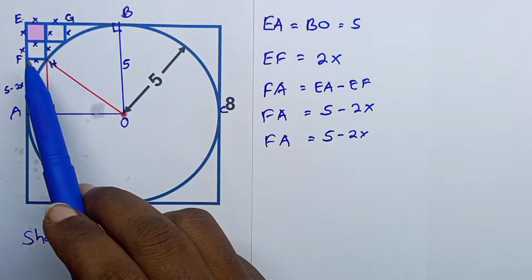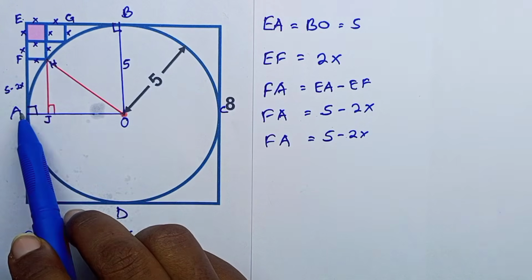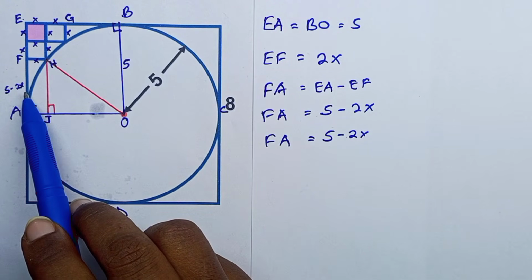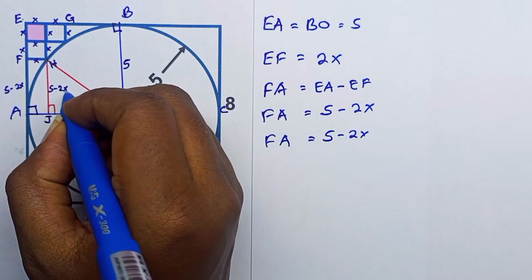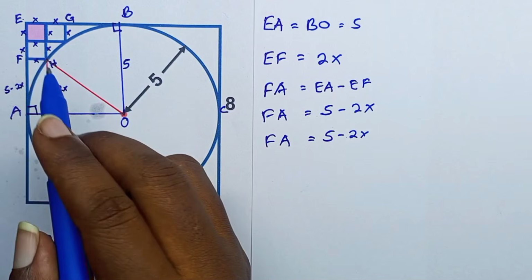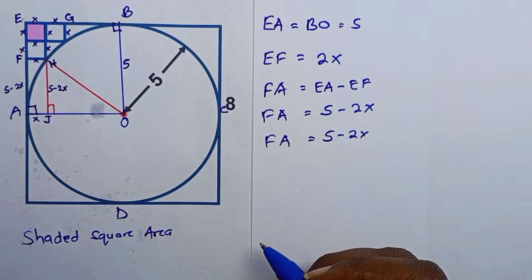Now, since FHJA is a rectangle, FA is equal to HJ. So if FA is 5 minus 2x, then HJ is also 5 minus 2x. Also, FH is x, then AJ is x as well.